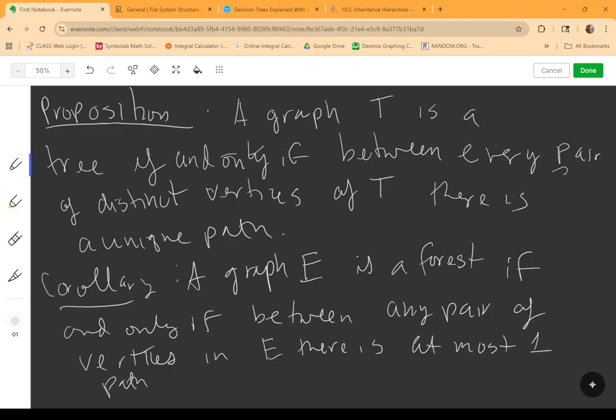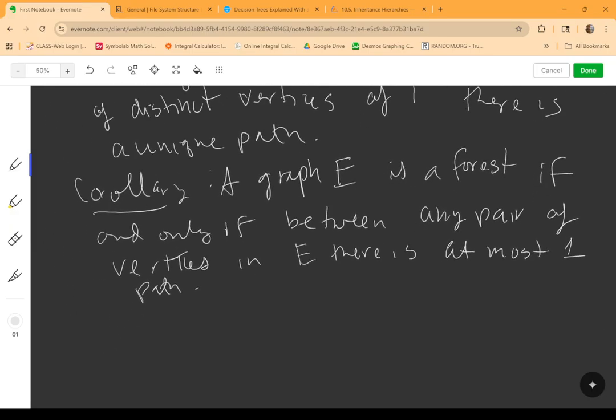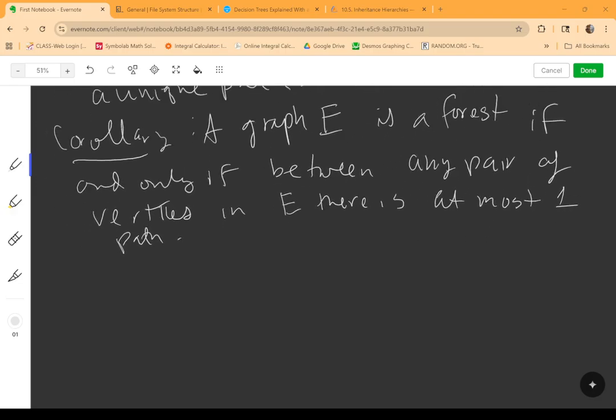All right, and obvious from the previous one, if we have a tree, I know it's connected, so for every pair there is a unique path, right? The corollary is really that a forest is not necessarily guaranteed to be connected, right? But the parts that are connected are trees, so it follows almost just by the nature of a forest and a tree.